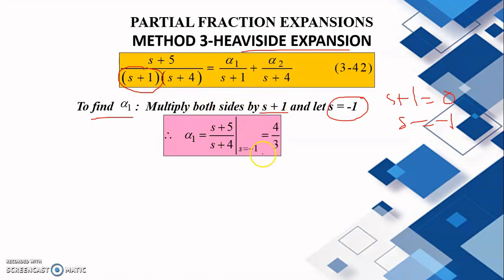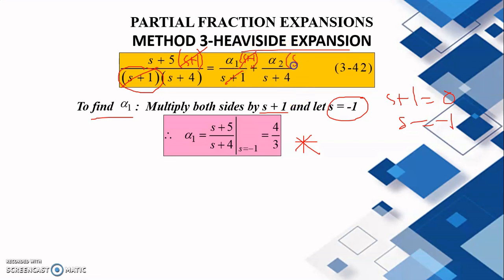Then you will get alpha 1 equal to 4/3. Meaning to say, if you multiply both sides with s plus 1, they will automatically cancel off. This one also cancels off because here you also have s plus 1.